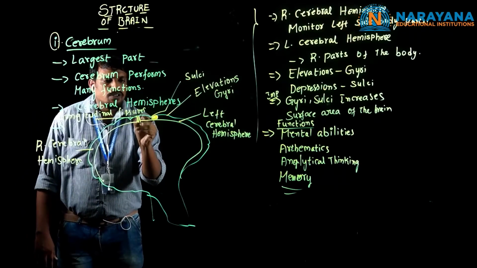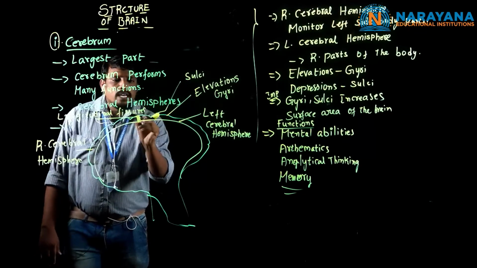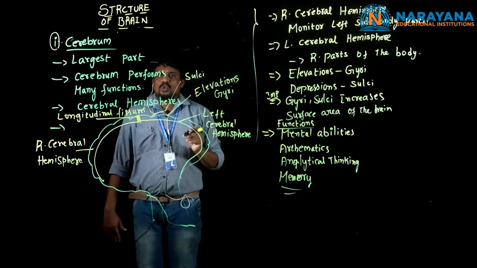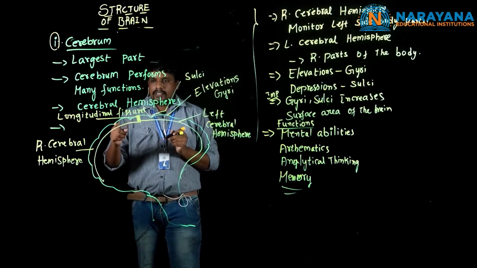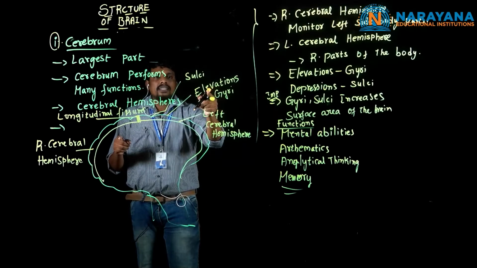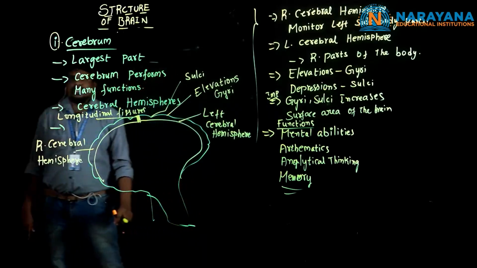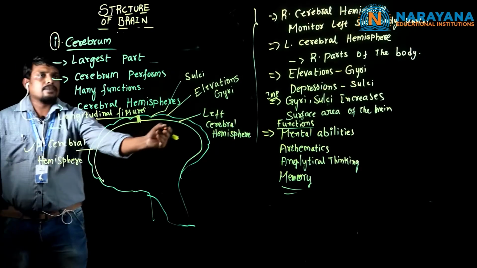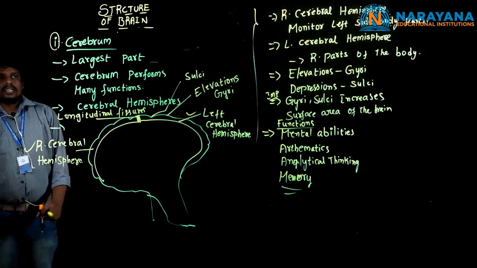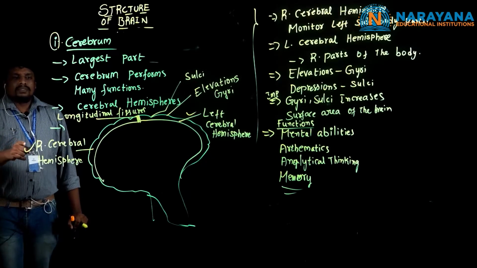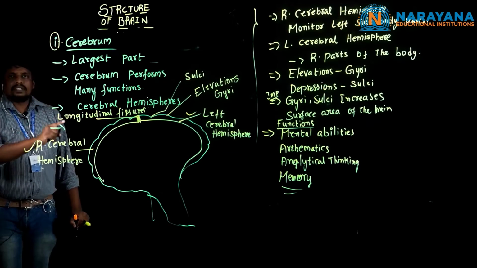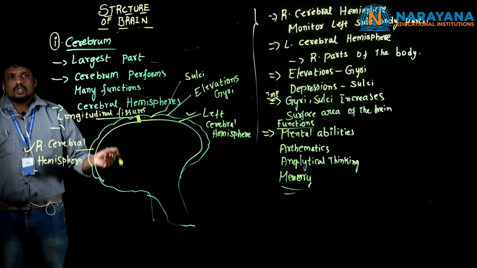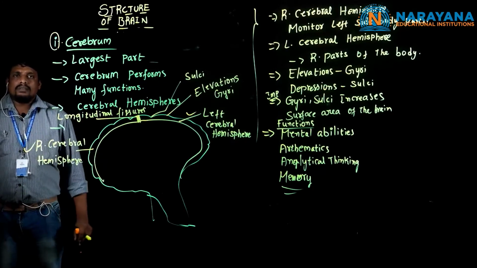You can see the longitudinal fissures here. Right cerebral hemisphere controls left side body parts, whereas left cerebral hemisphere controls right side body parts.